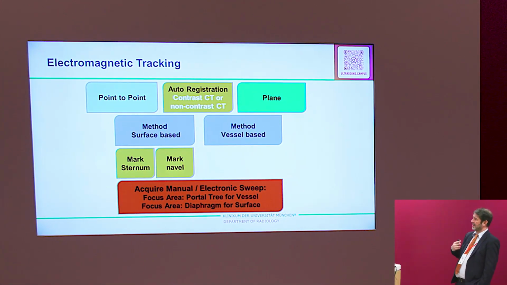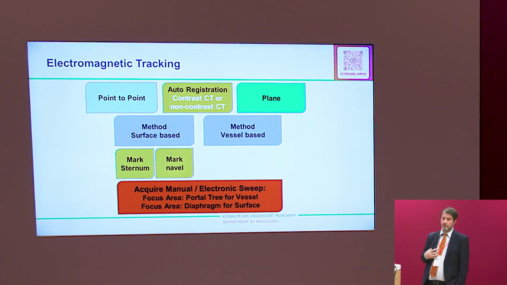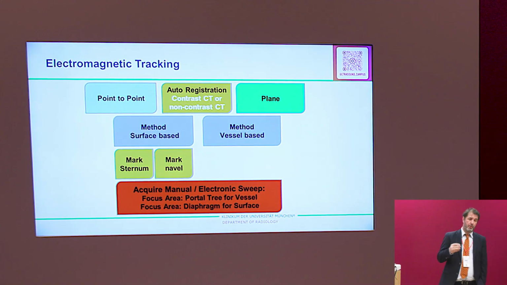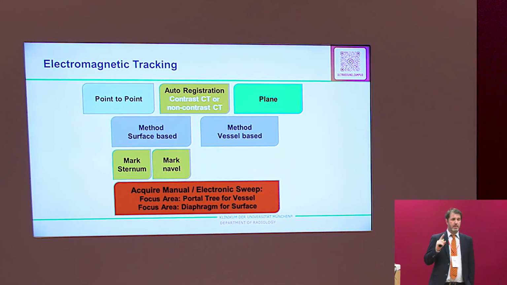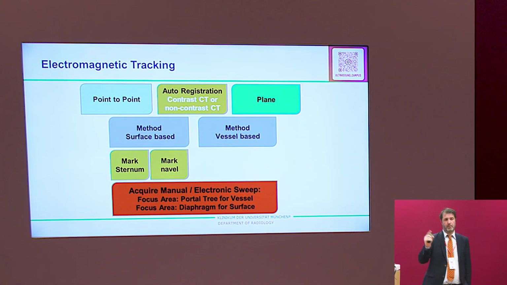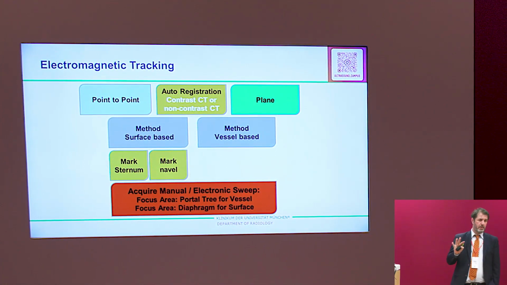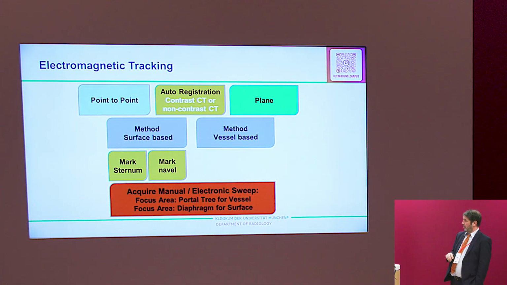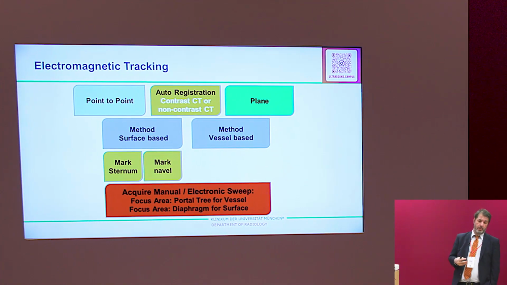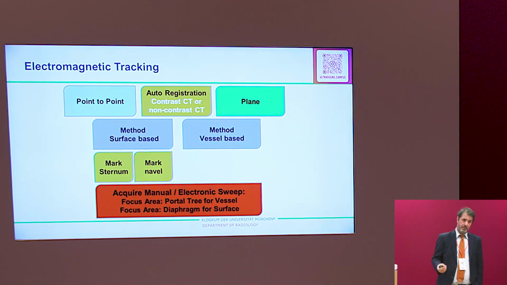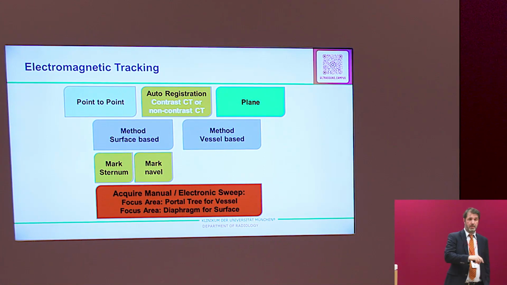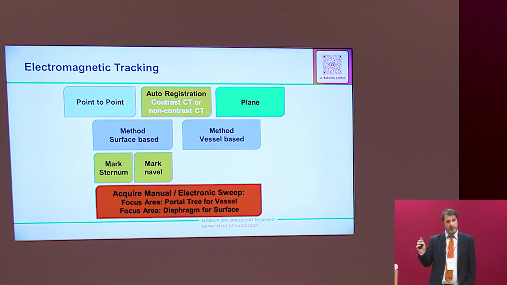There are a couple of options for how to do fusion. You can do point to point. You say this point in the CT is the same point in ultrasound, and you use a couple of points, and then the system does it automatically. Or you can do auto-registration, so the system automatically detects the landmarks in ultrasound, compares them to the landmarks in CT, and does the fusion.